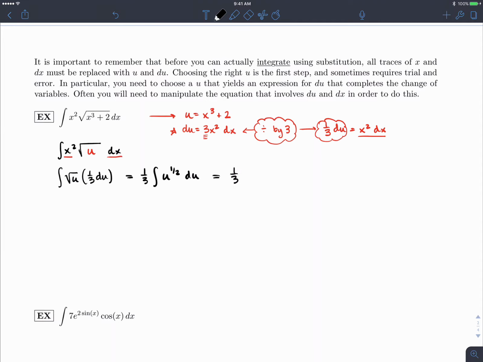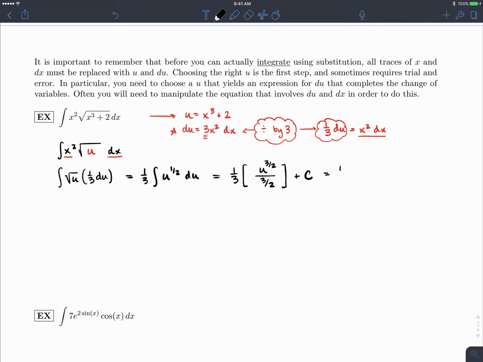So now we can go ahead and we can integrate. So we've got 1/3, and we're going to do the general power rule for integration. So we're going to add 1 to our exponent and then divide by that new exponent. So just so we can kind of see it, it's going to be u to the power of 3/2 divided by 3/2 plus c.